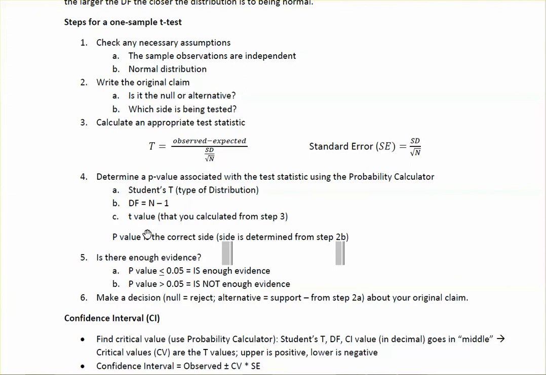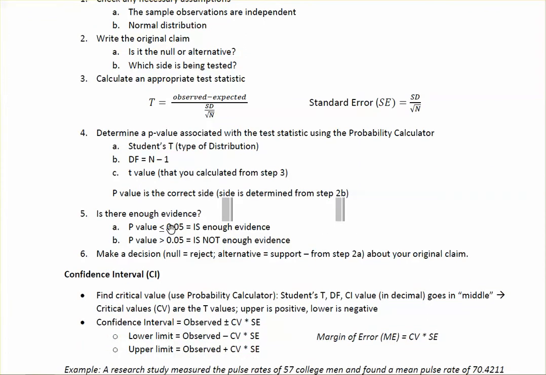All right, so t-value, and then we get the p-value, and that p-value is for which side. Is there enough evidence? If the p-value is less than or equal to 0.05, there is enough evidence. If the p-value is greater than 0.05, there is not enough evidence. You make a decision. Remember, if it's the null, we reject. Alternative, we support. That's from step 2A above, from your original claim.